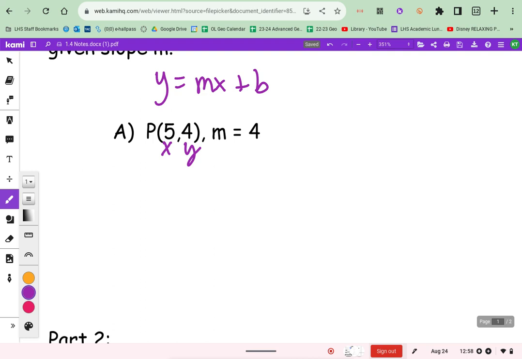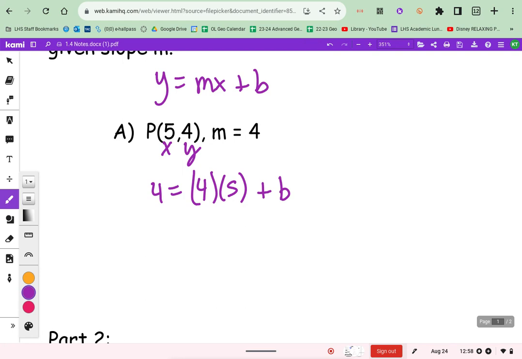And then we'll just plug into y equals mx plus b. So we've got 4 equals 4 times 5, m and x, plus b. Make sure your b looks like a b and not a 6, because sometimes that can mess people up. So if you need to make it a capital B, you could do that to help yourself out.